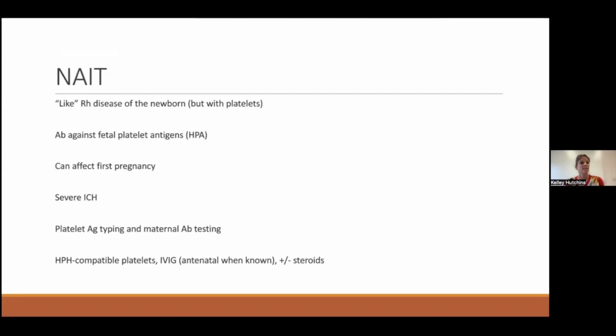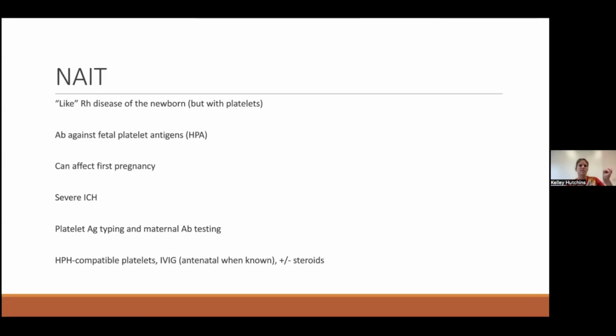Okay, and so then in the neonates, neonatal alloimmune thrombocytopenia. This is similar to our RH disease of the newborn, but essentially it's with the platelets, and it can happen in your first pregnancies. Whereas RH, right, much less, almost never, unless you've been exposed previously. But this can occur in the first pregnancy.